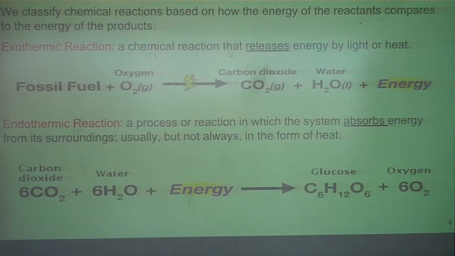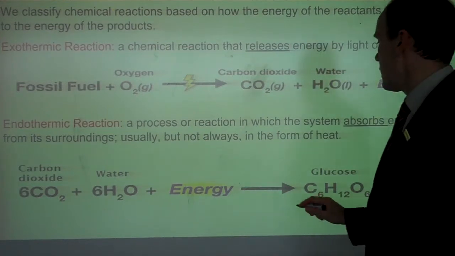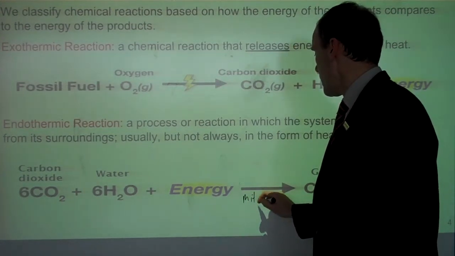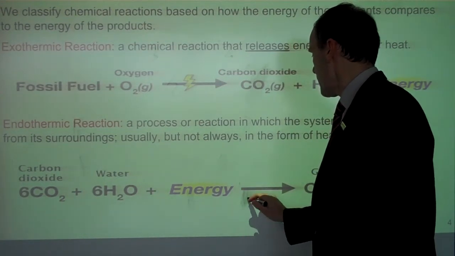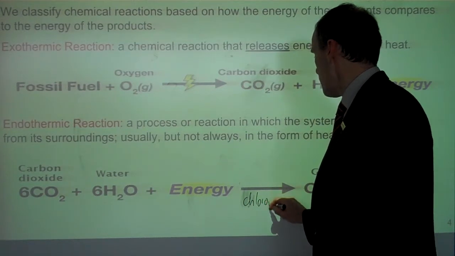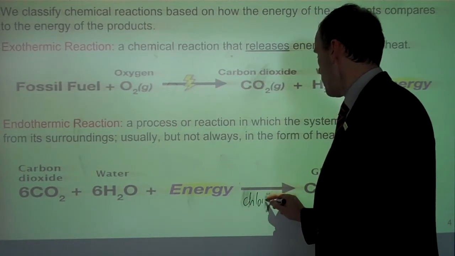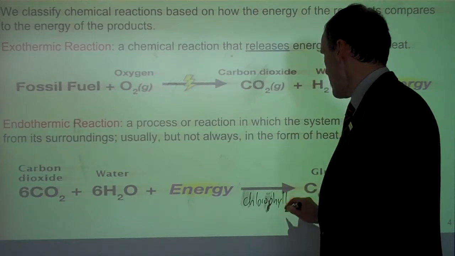And at year 9, year 10, and certainly if you do biology, you would be expected to know the equation for photosynthesis. Now, if you want to write that down perfectly at a year 11 level, you'd actually put chloroplast. Actually, I'm going to put chlorophyll. That's even better.